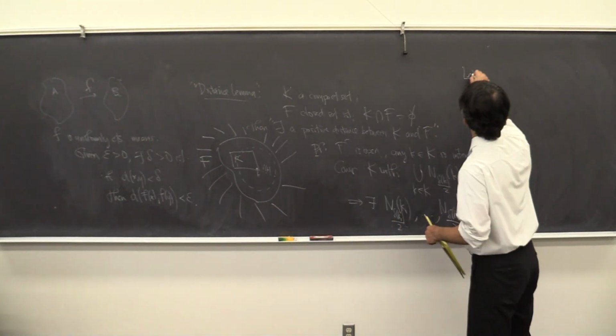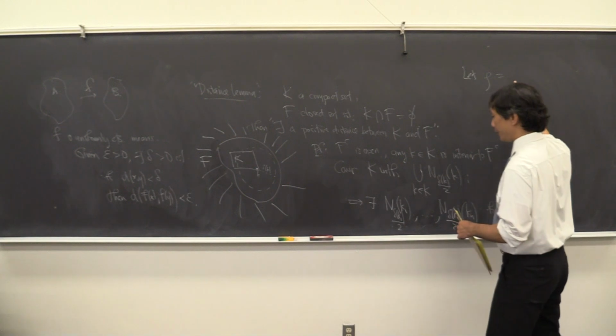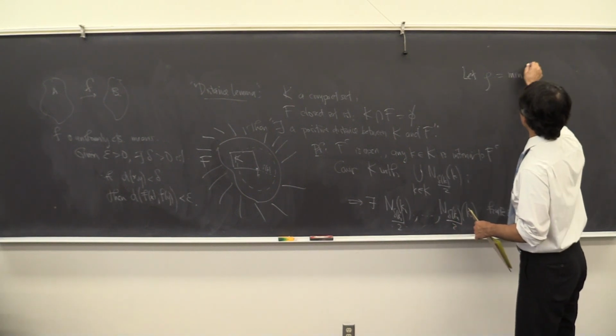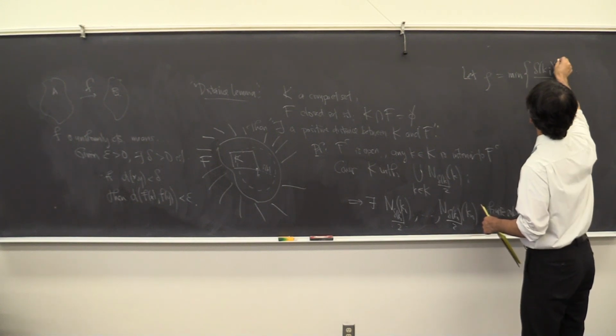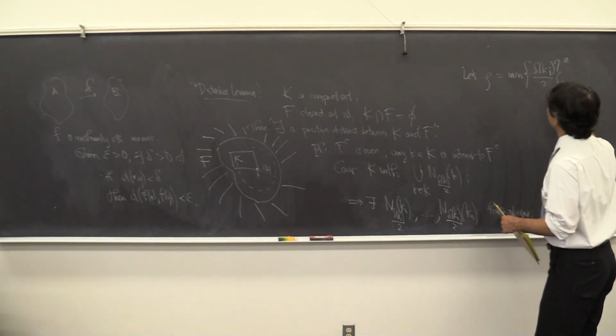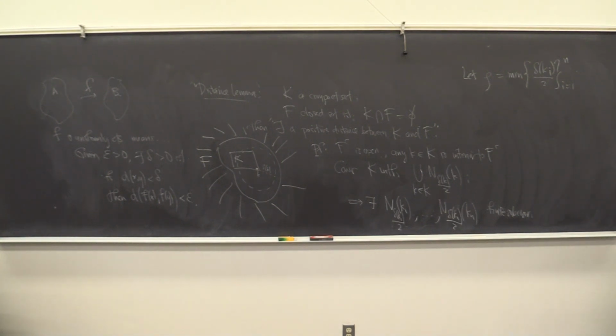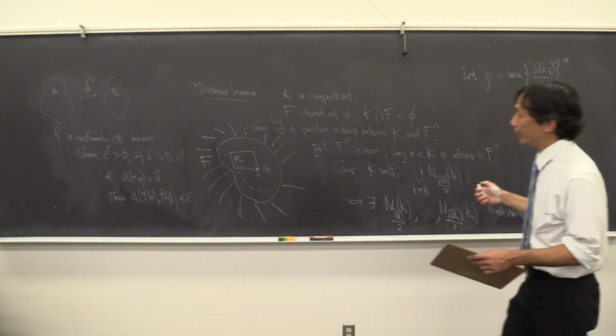So then you say, well, let rho be the minimum of all those half radii.